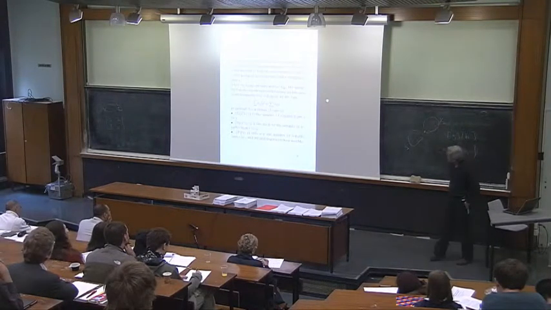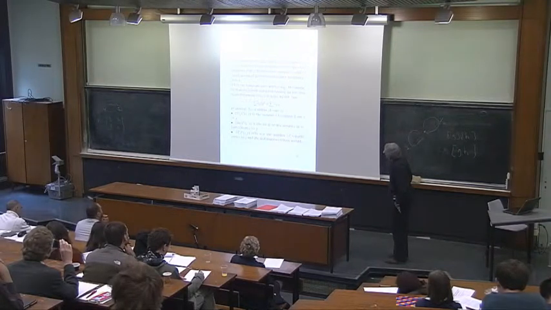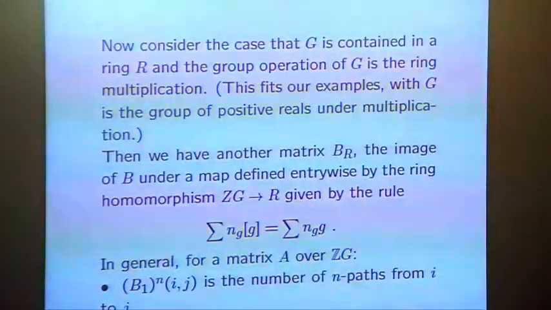Now let's consider the case that our group G is contained in a ring R, and the group operation is the ring multiplication, which again fits our example.